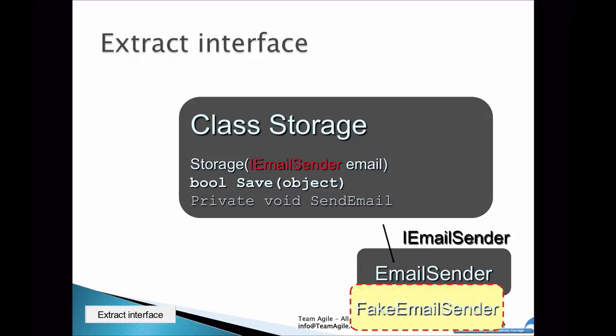So in our test code, we could create a new class that also implements IEmailSender. However, it will not really send an email. It will just implement the interface, and when someone calls send email, it will be an empty method, and we'll just save the values. So it's a fake email sender.